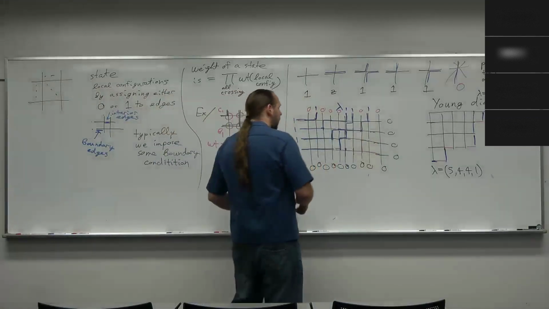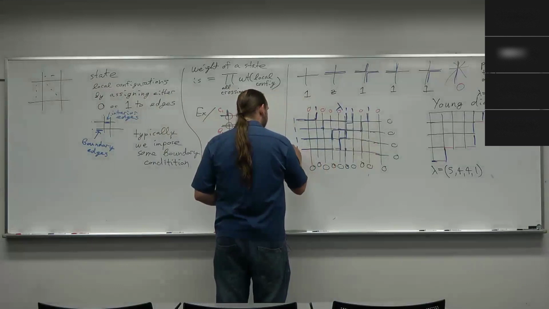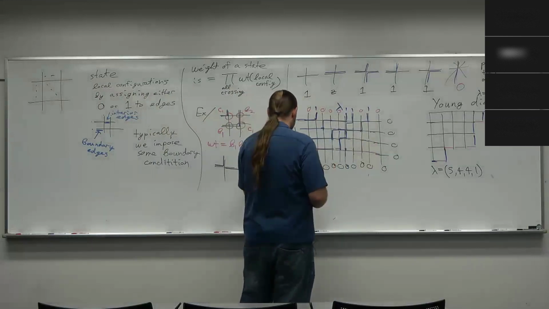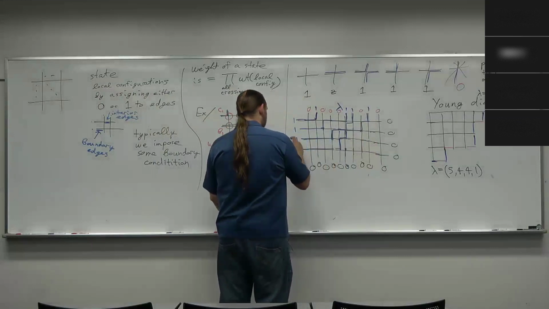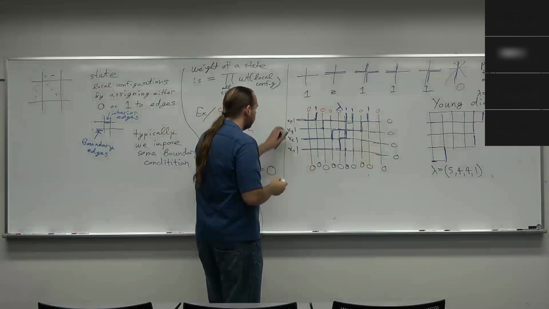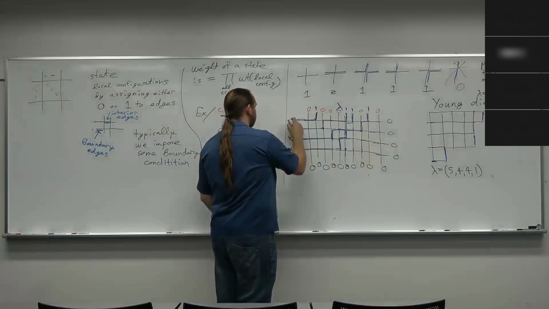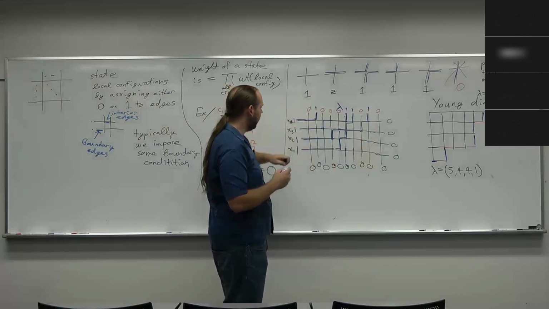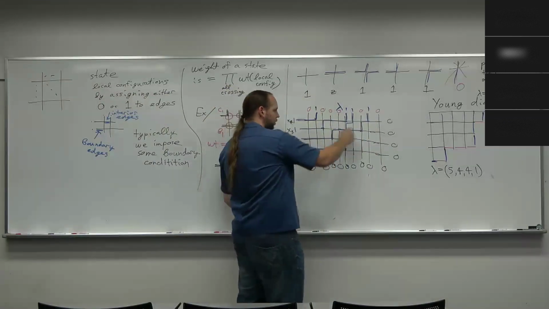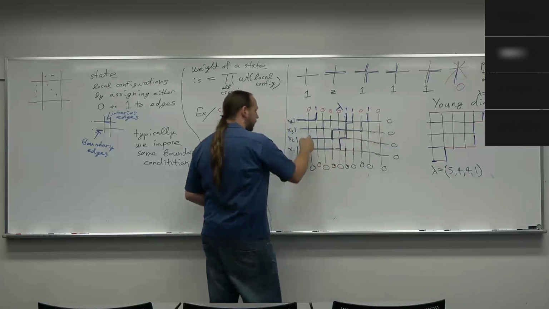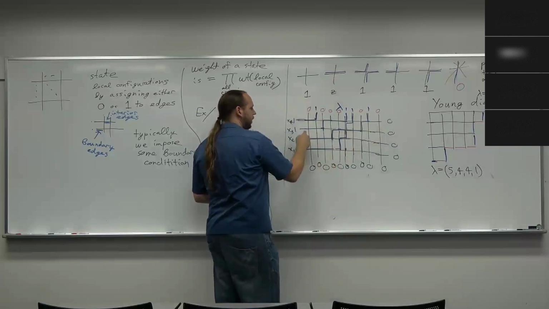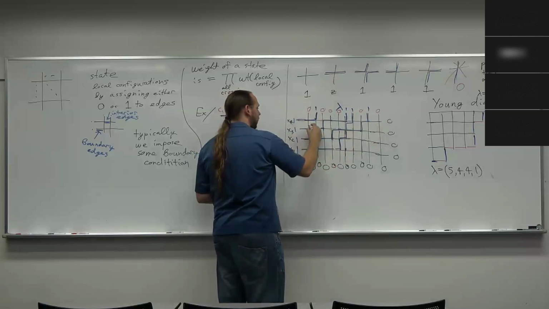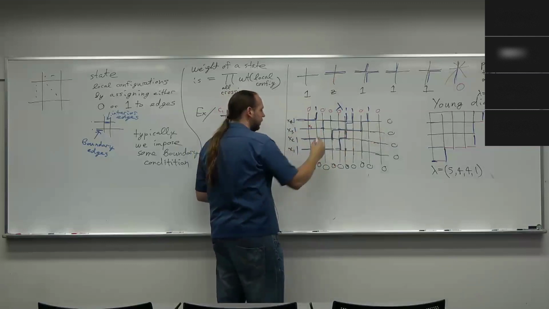And then I'm going to attach to every row a parameter. I'll call it x1, x2, x3, x4. And this is what the z is. So if I look at, say, the third row here, anytime I see this configuration, it's going to have a weight x3.